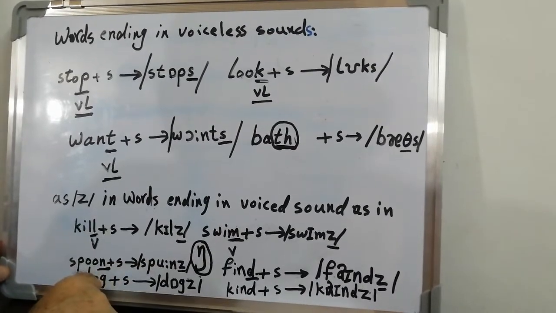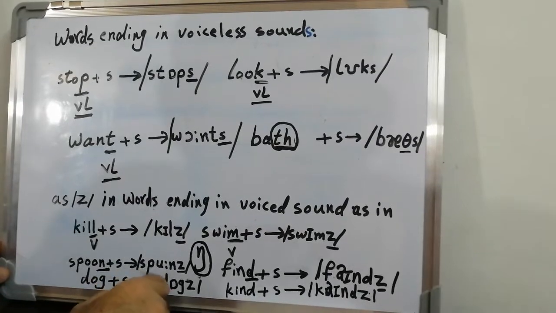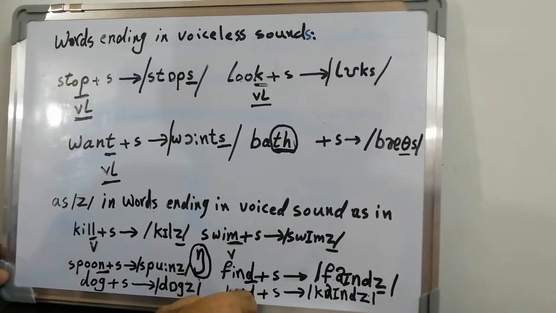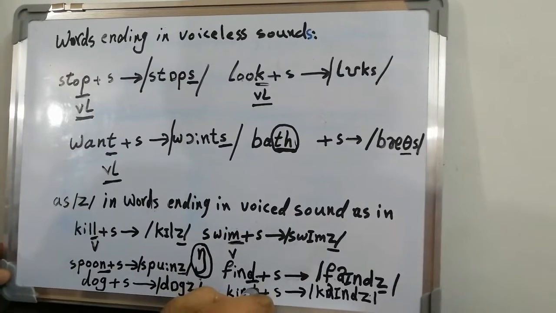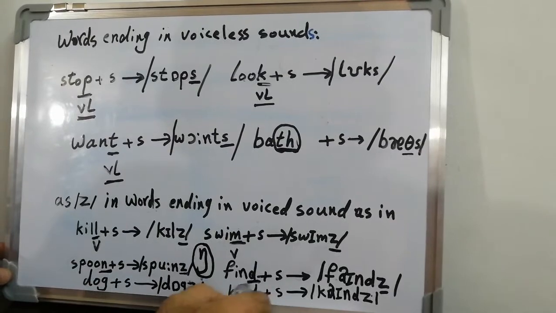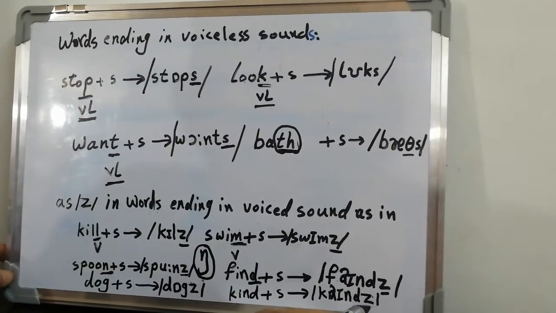Also, when the word ends with the /g/ sound, when we add s, it becomes "dogs". Here, "kind" as a noun: "kind" plus s, three "kinds", we say. We say "kinds". Okay, right.